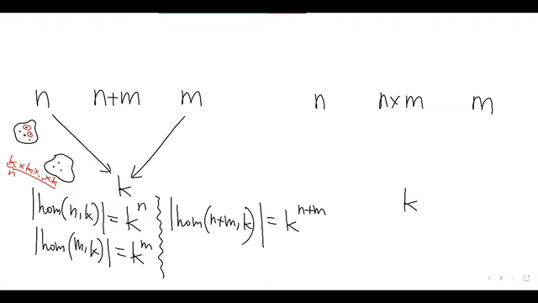But now we notice an interesting relationship between these three numbers. k to the power n multiplied by k to the power m is equal to k to the power n plus m, isn't it? This is a numerical relationship. Is there maybe a deeper set theoretic relationship between these three sets?